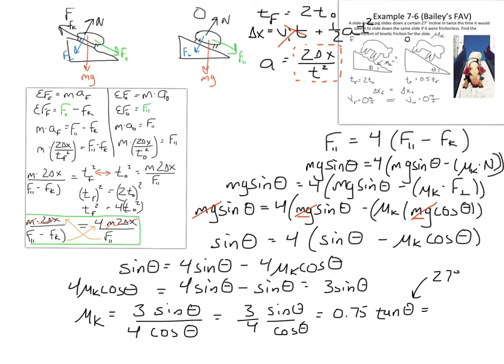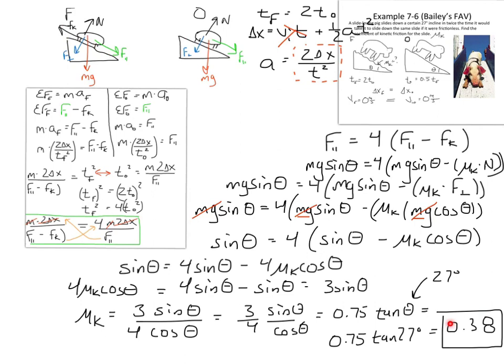All right, and so that means that we actually have an answer. 0.75 times the tangent of 27 degrees. What is that? That is our answer, and that is our coefficient of kinetic friction, and that is 0.38. And that is the coefficient of friction of the friction side. All right, this side is frictionless. This one has a coefficient of friction, and that's what it is.